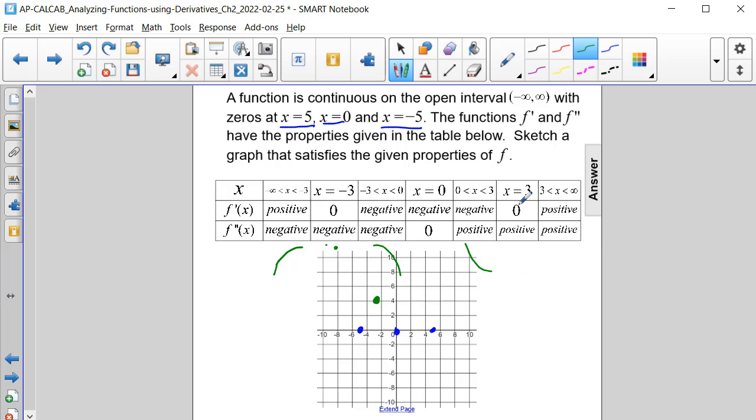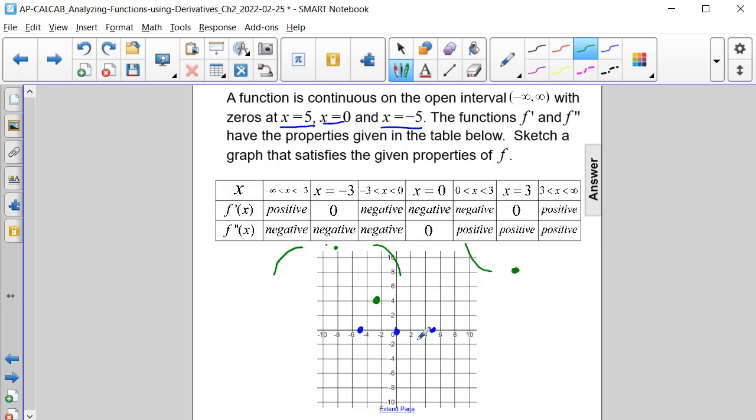And then we have a first derivative being equal to 0 when x is 3, and a positive second derivative, meaning it'll still be concave up, so this is going to be a minimum when x is 3.